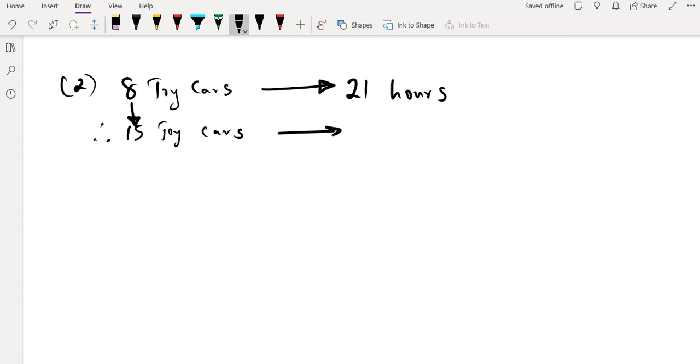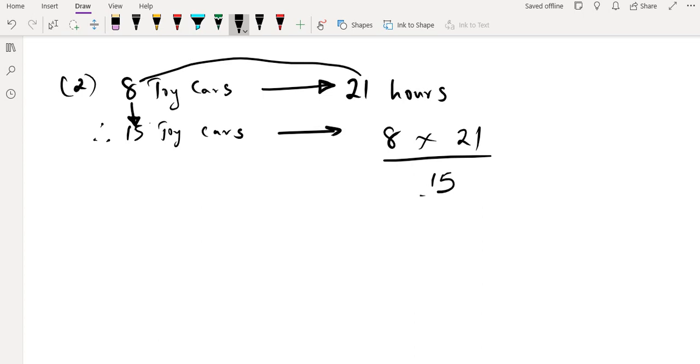Because there is an increase here, but there should be a decrease here. So we're going to do this times this, divided by this, right? So that's 8 times what? 8 times 21, over 15. 5 into 1 cannot, so put a point.